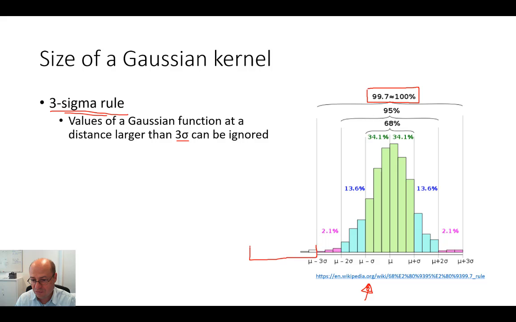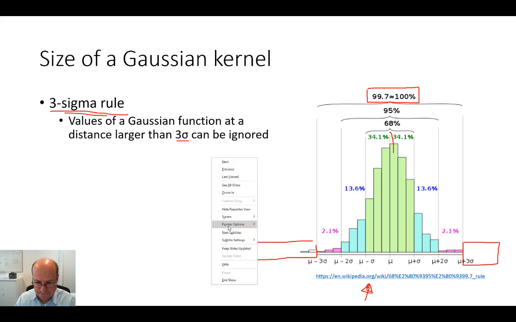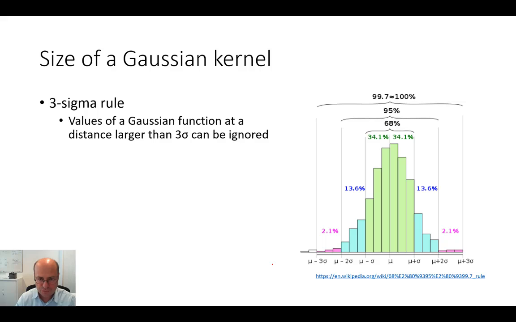So you don't need to pick a larger Gaussian. You just need to pick a Gaussian that's 3 standard deviations away from the mean value. All right? Okay, good.